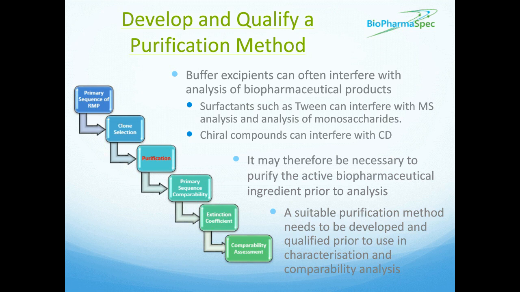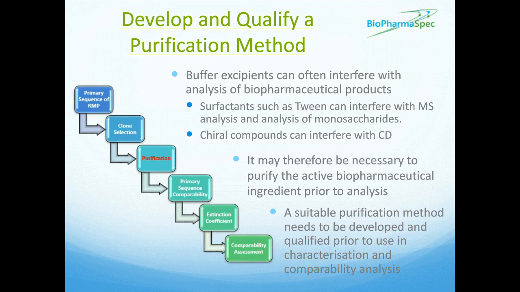One other interesting fact with this is quite often the formulations of the RMPs are patented, and these patents last longer than the actual patents on the APIs, the RMPs themselves. As a result, you can also have different formulations between the RMP and the biosimilar, and these different formulations can have different effects, certainly on the tertiary structure.